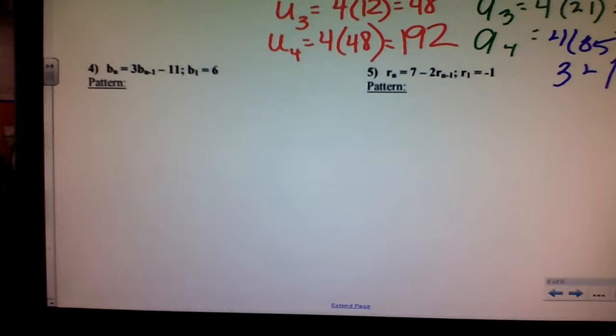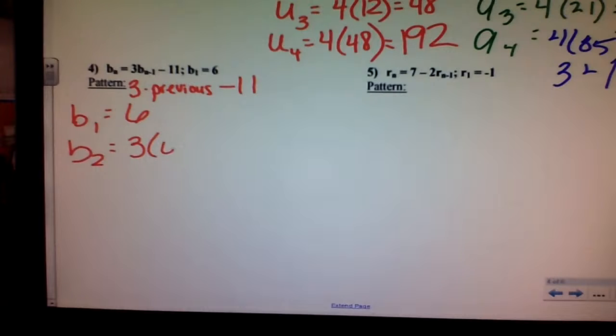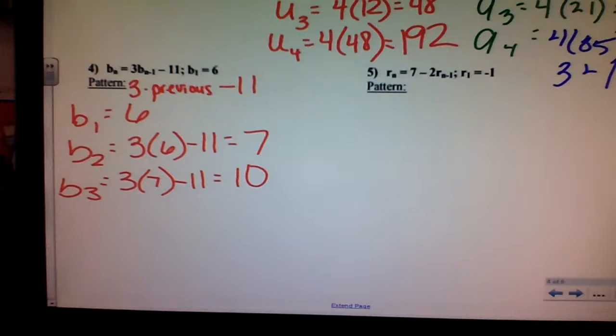Okay. Number 4 is pretty easy too. My pattern says 3 times the previous minus 11. So b sub 1 was 6. To get b sub 2, we take 3 times 6 minus 11, and you get 7. B sub 3 is 3 times 7 minus 11, which is 10.